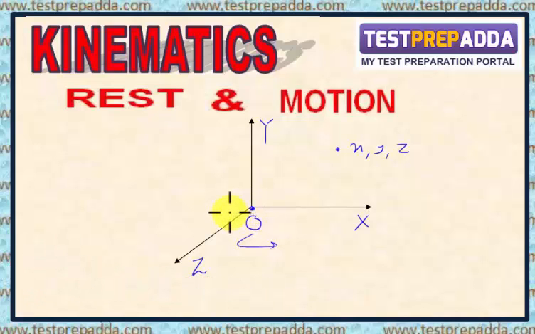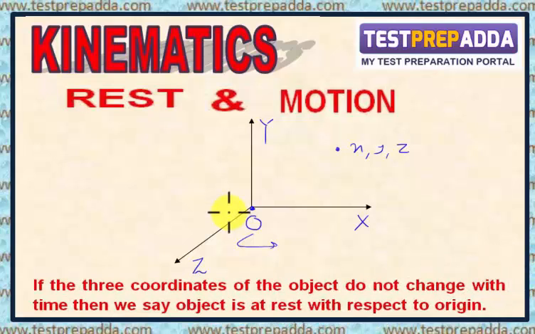If the three coordinates of the object do not change with time, we say the object is at rest with respect to this frame of reference.